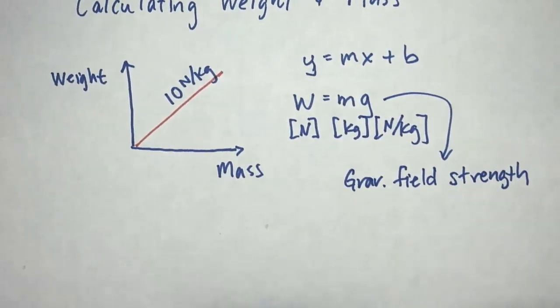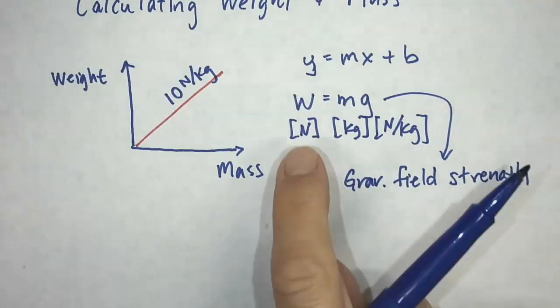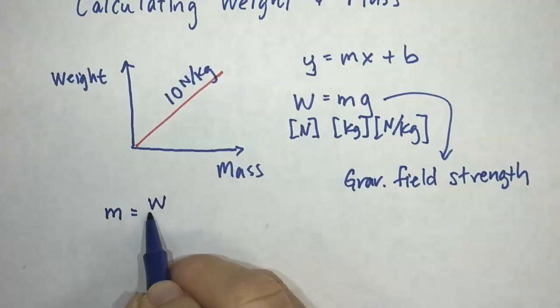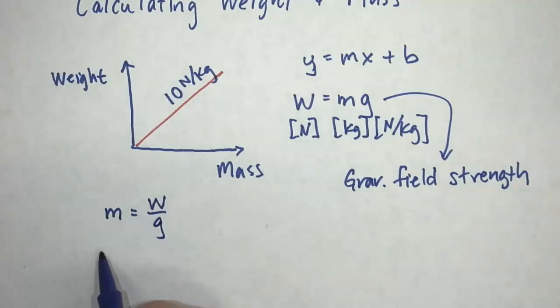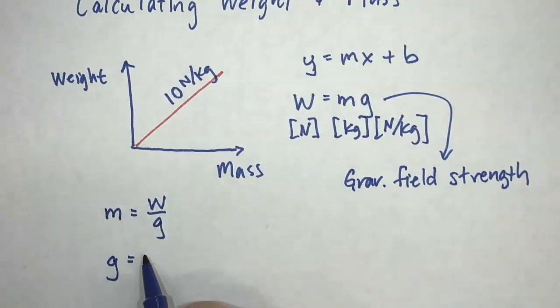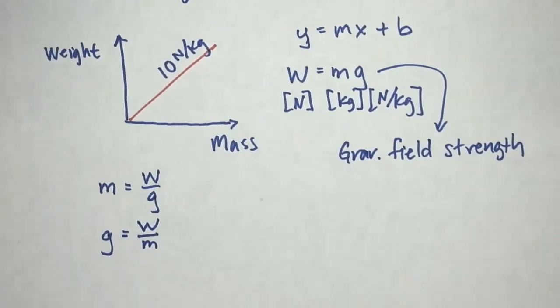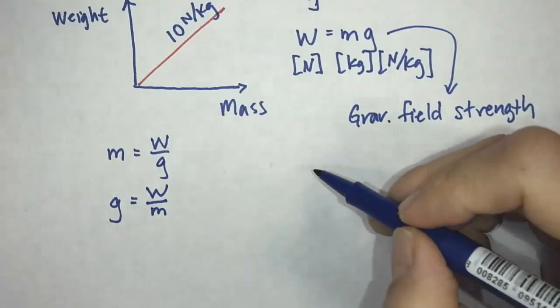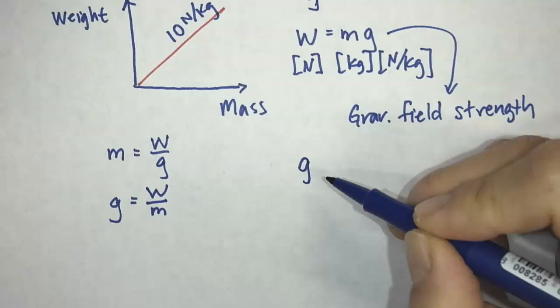Okay. So here's our equation. If you want to calculate for mass, you just take m equals the weight divided by g. If you're looking for the gravitational field of another planet, you do the same experiment, and then you can take the weight divided by the mass, and that would give you the gravitational field strength. It's helpful to know a couple numbers that you might see in problems.